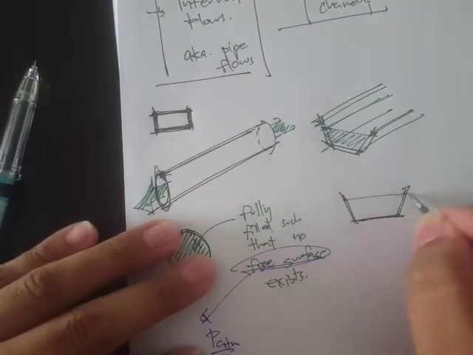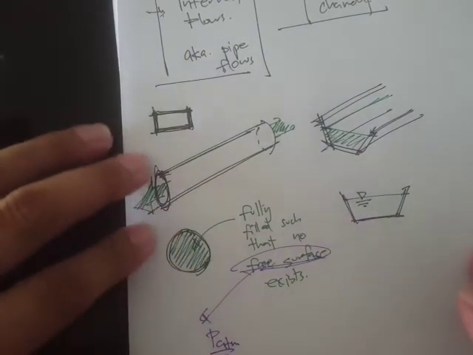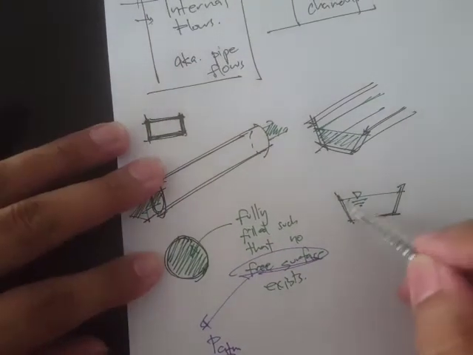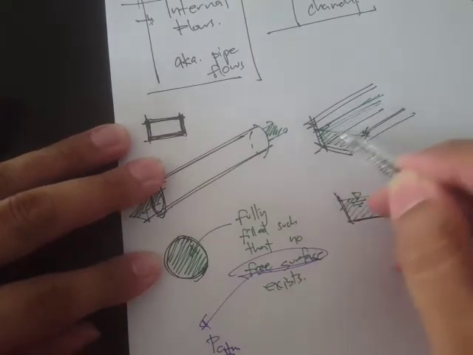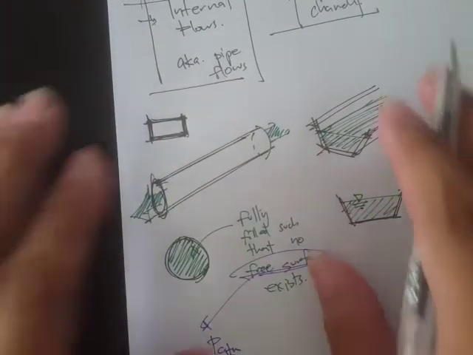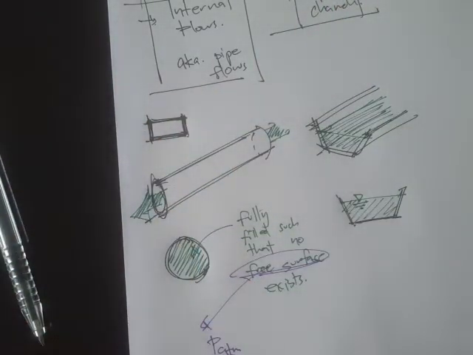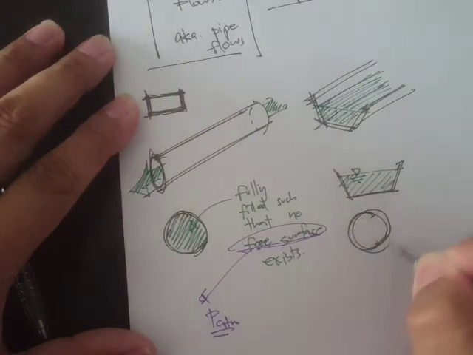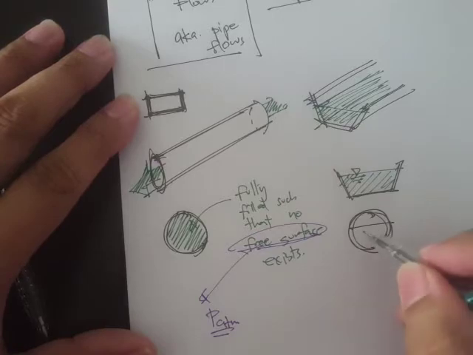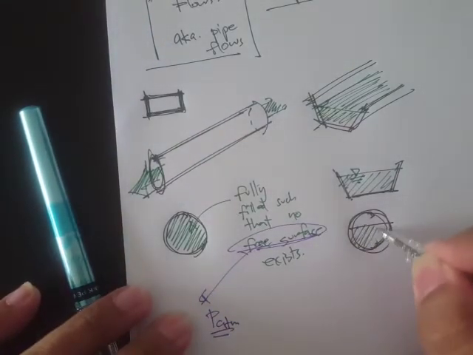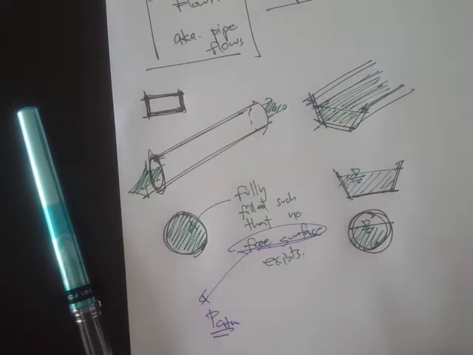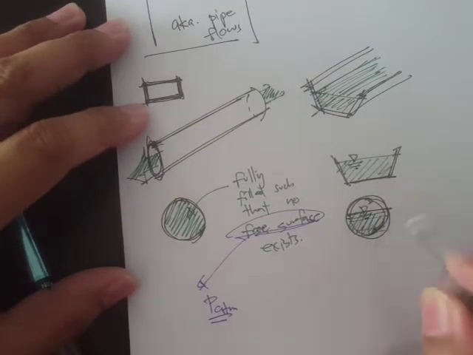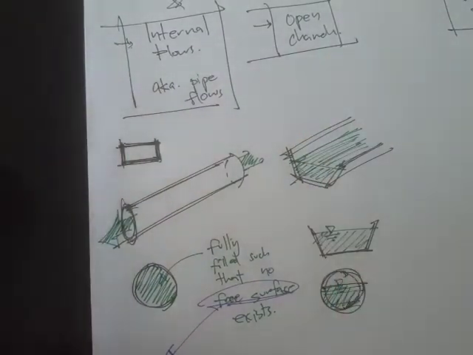This is our free surface, and again, free surface means there is an exposure to the atmospheric pressure. That's the difference between the open channel and the internal flow. Therefore, a pipe is a circular conduit, but if it's not fully filled, there's going to be an exposure to the atmospheric pressure, and in this case it will be under the open channel applications.